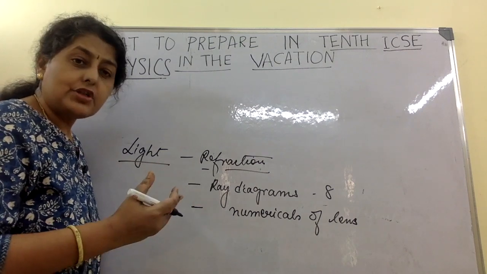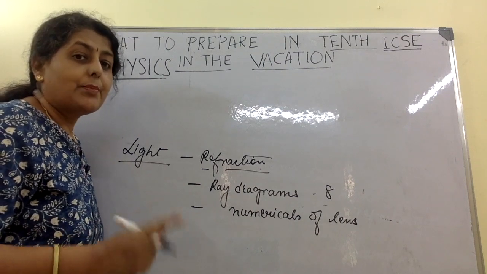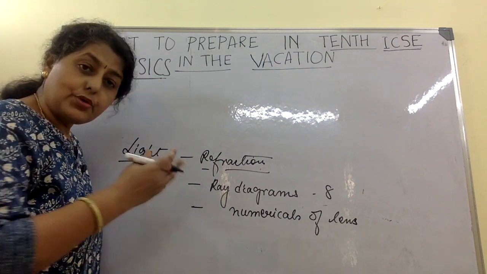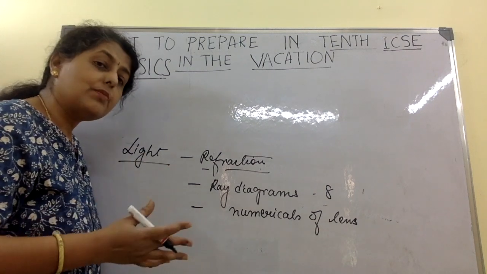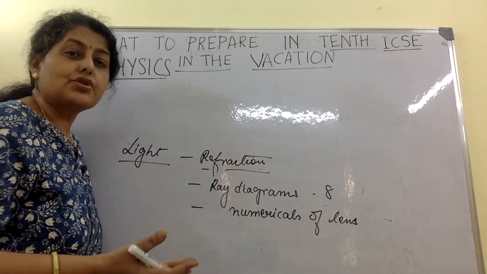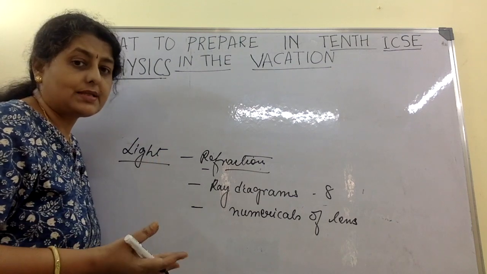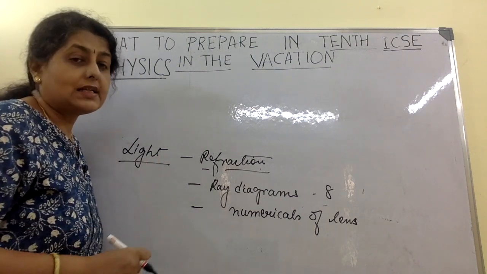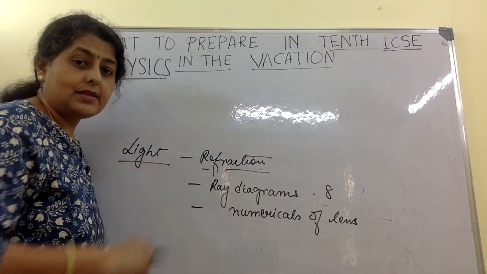Okay, so one revision definitely you'll do when your teacher teaches and you are given in the exam. But then if you do it now, then you'll be in a much better position, because the more number of revisions you do, the better you are in the exams. That is why your schools take so many pre-boards for you to make you revise so many times. Okay, so numericals of lens is another thing that you must do and keep in this holidays.